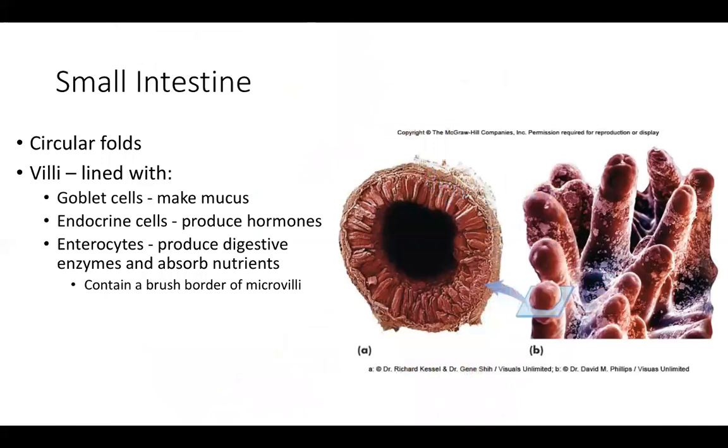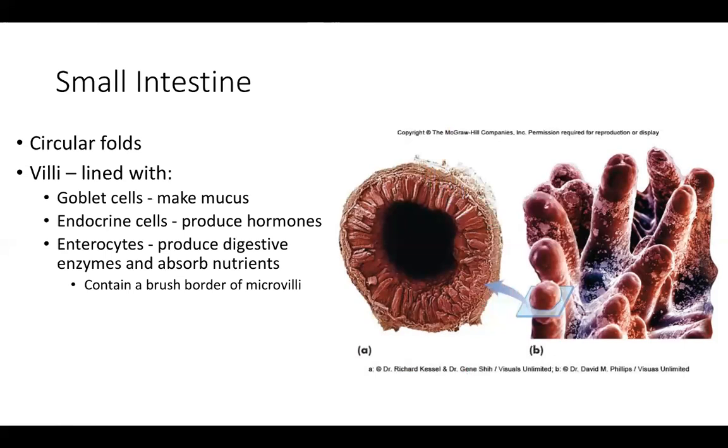Small intestine. So this is an actual picture using a microscope, obviously, of the small intestine. And here you can see some of these finger-like projections, or villi. On the villi are some really important cells. Some of them are goblet cells, which make mucus. Endocrine cells produce hormones, and enterocytes produce digestive enzymes.